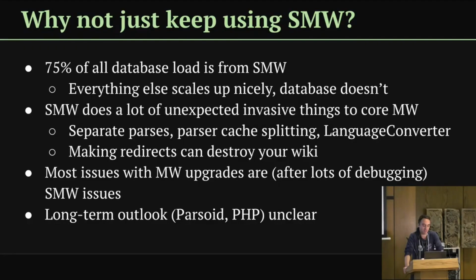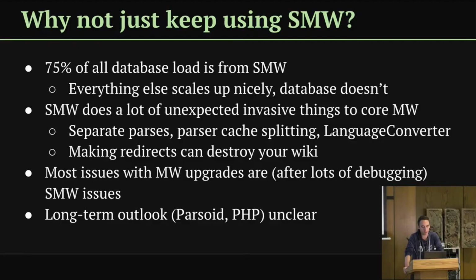And at least for us, most issues with MediaWiki upgrades end up being, in some arcane way, actually related to Semantic MediaWiki. And it usually takes a lot of time and sweat to figure out what those are, but it's very complicated.